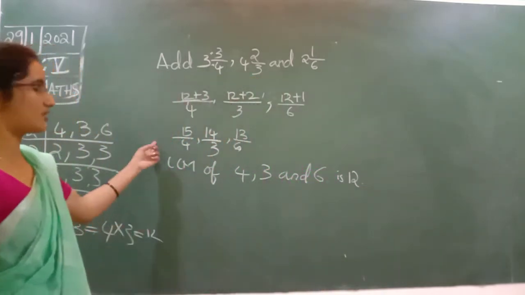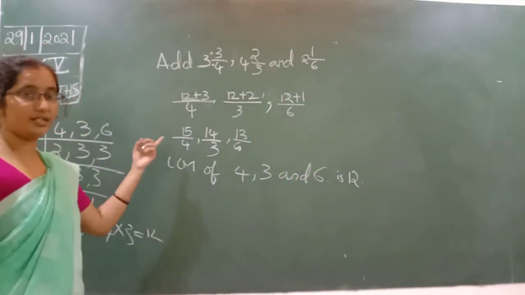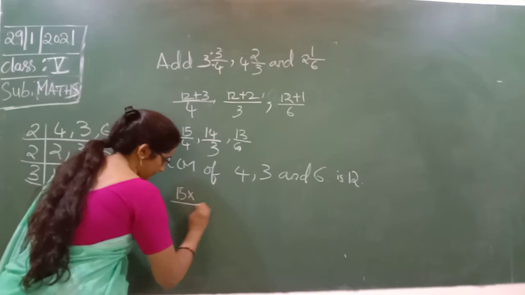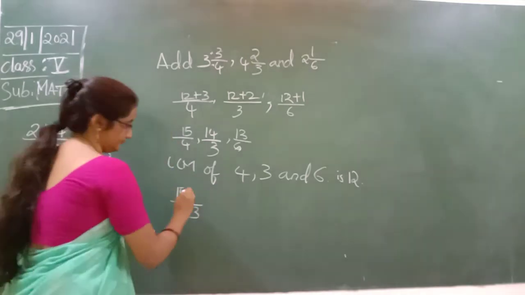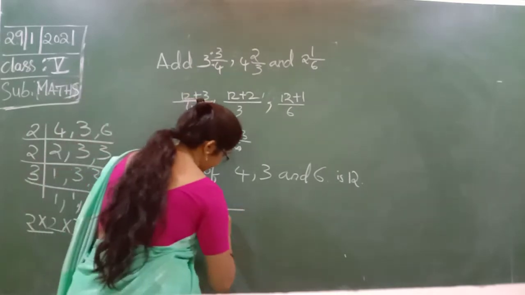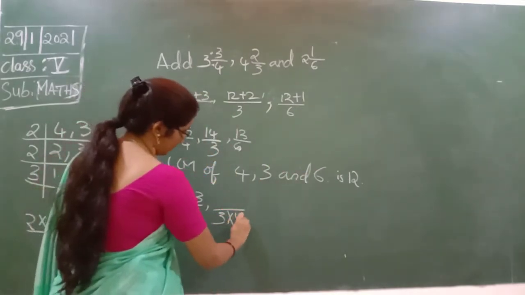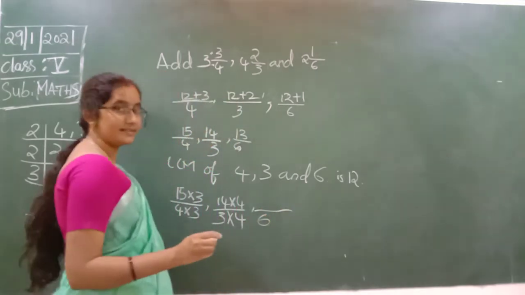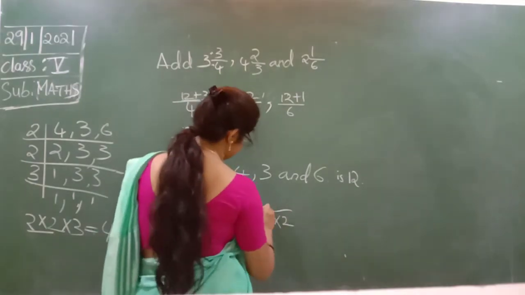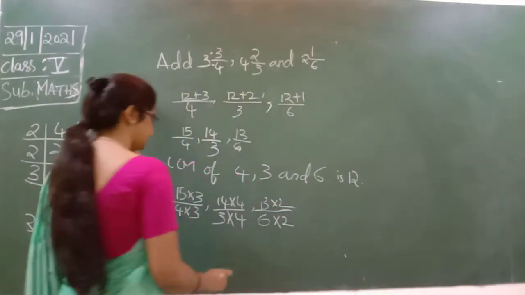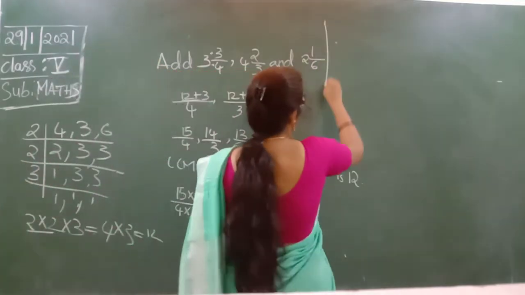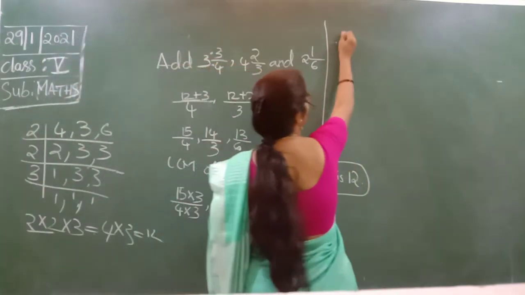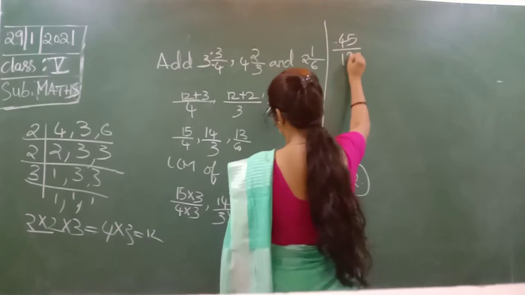Now convert all these fractions to like fractions by making the denominator 12 for all. 4 3s are 12. 3 4s are 12. In the 6 table, 6 2s are 12. 15 3s are 45 by 12.